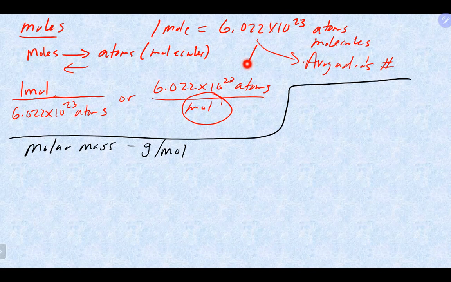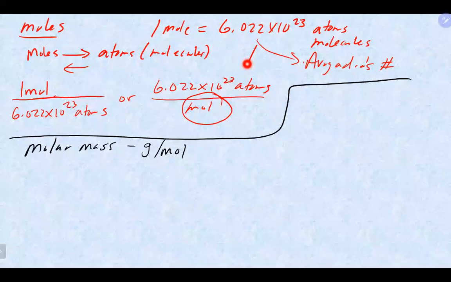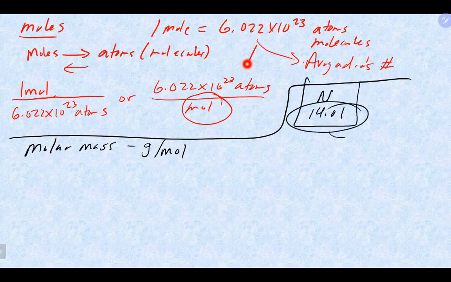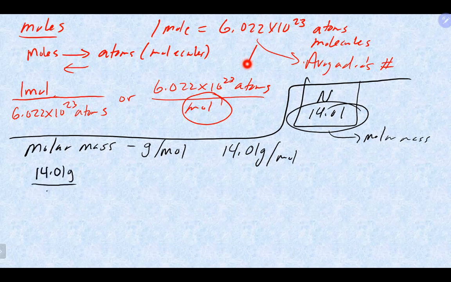So if we looked at nitrogen there, 14.01, we could pull that off as our molar mass. What that would mean is that there are 14.01 grams per mole, and that would be the molar mass of nitrogen. And just like anything else, we could use it in a dimensional analysis approach as a conversion factor.